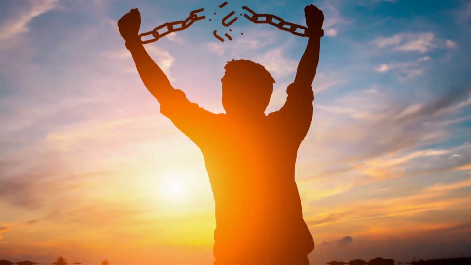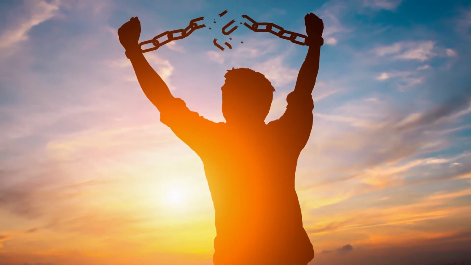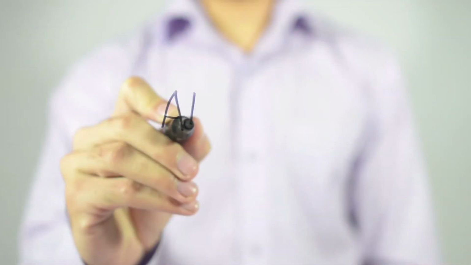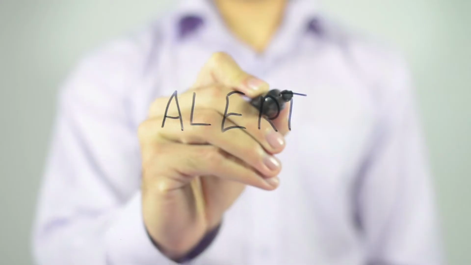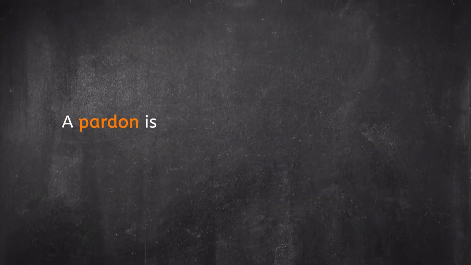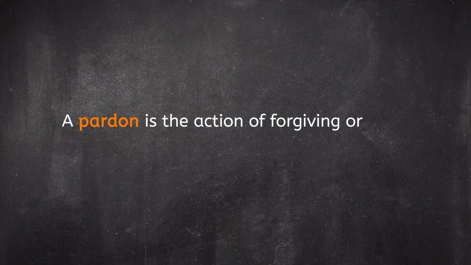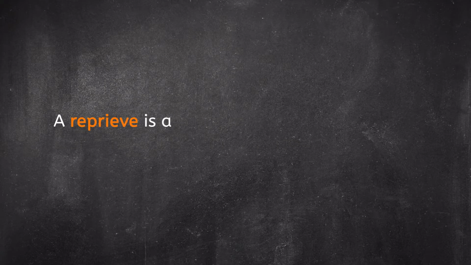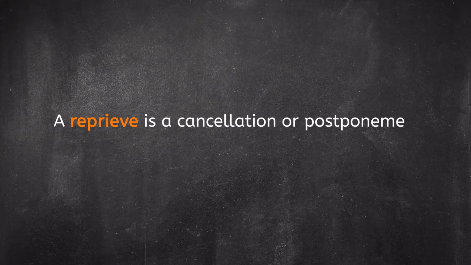As chief executive, the president is also granted the power to issue pardons and reprieves. It's another word alert. A pardon is the action of forgiving or being forgiven for an error or offense. A reprieve is a cancellation or postponement of a punishment.